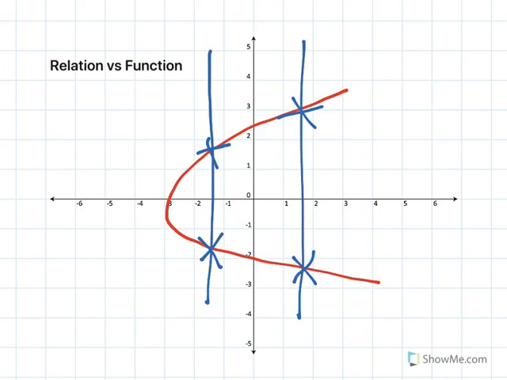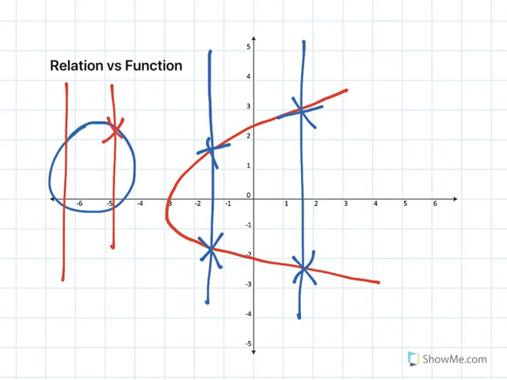The vertical line test says it can only intersect the relation in one point. This intersects in 2 points. If I draw a circle, it intersects in 2 points.